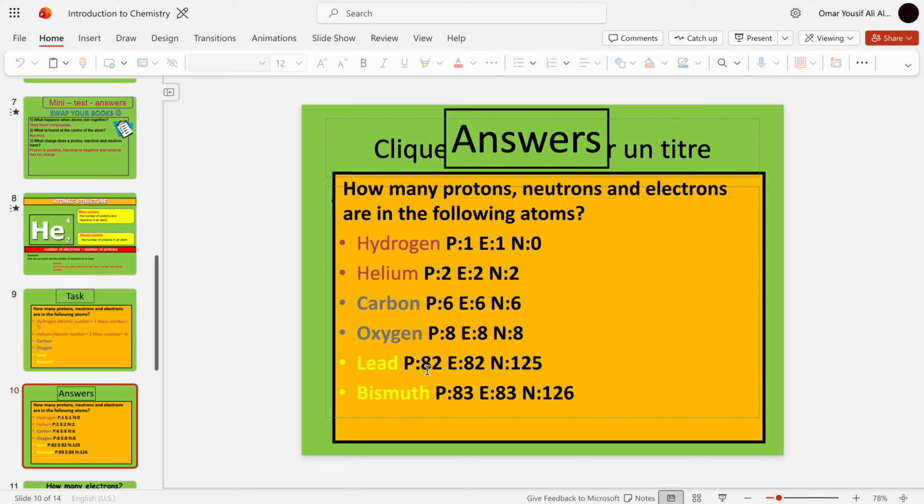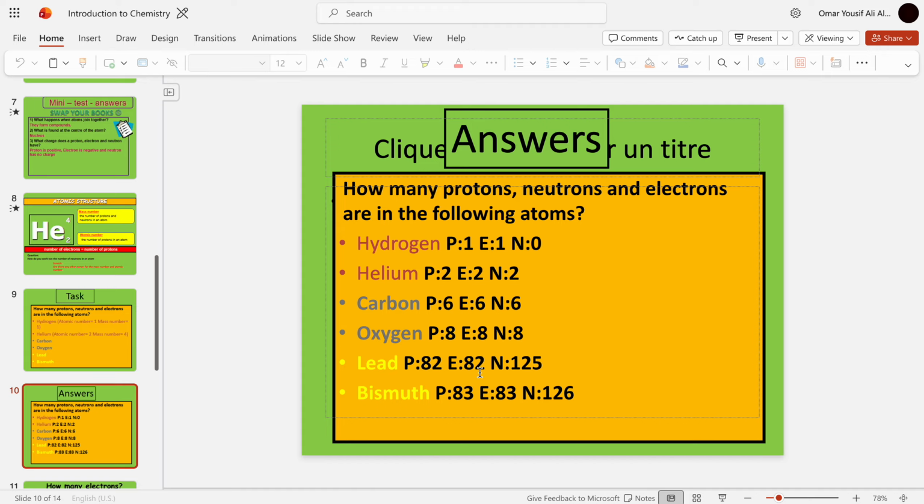And the mass number is, as we said, neutrons plus protons. So 125 plus 82 is 207. So the mass number of lead is 207.